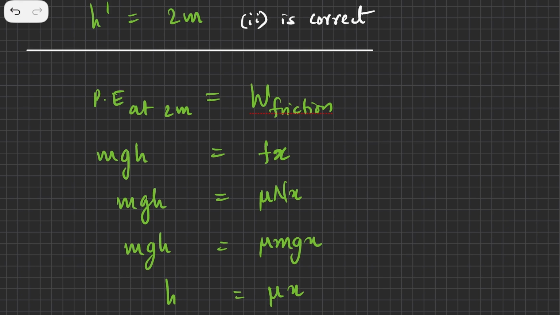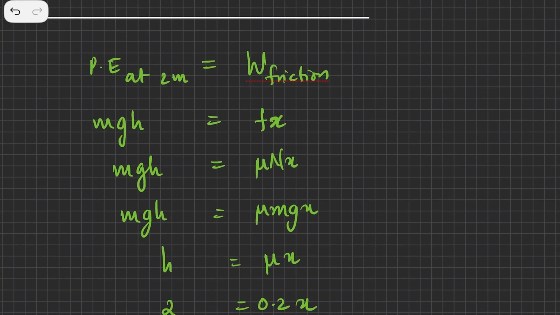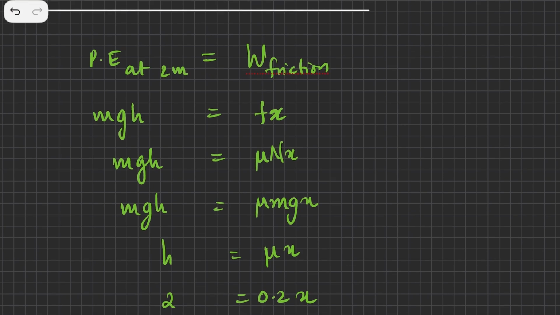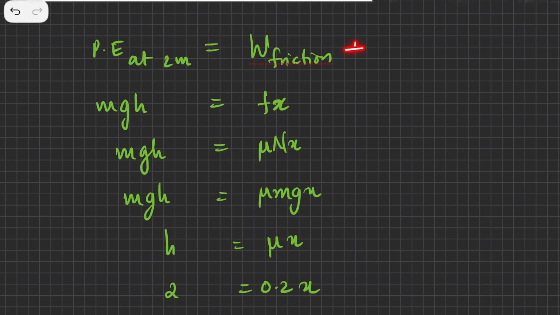Now, had this question not been an MCQ and had it been a numerical question, then I would have taken potential energy at 2 meters height, plus work done, plus potential energy at some height h. This is something extra, not related to the MCQ. MCQ is done.